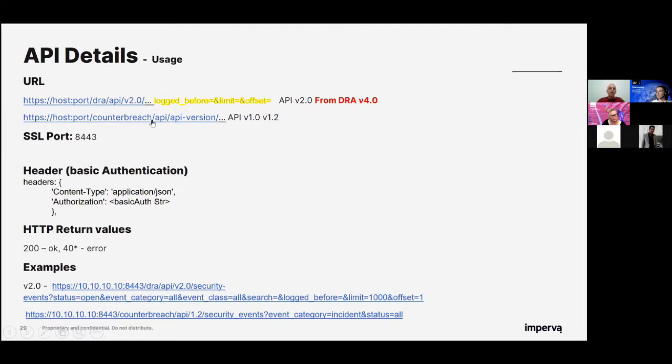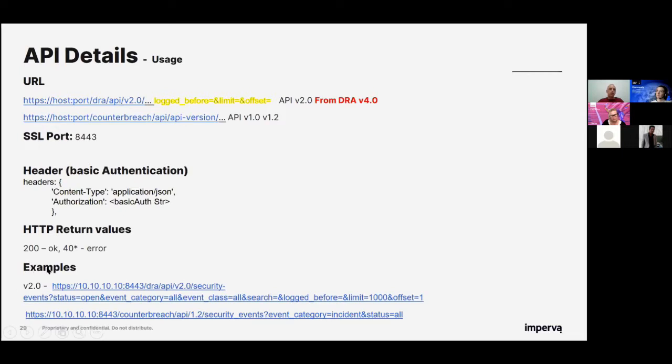This is cosmetics, but it implies that you are using the new API. The SSL port we're using is 8443. The headers, as I've explained to you, is the basic authentication string. And responses, we have also enhanced the responses coming back from DRA in version 2.0. So that's one more reason why we want to use 2.0.